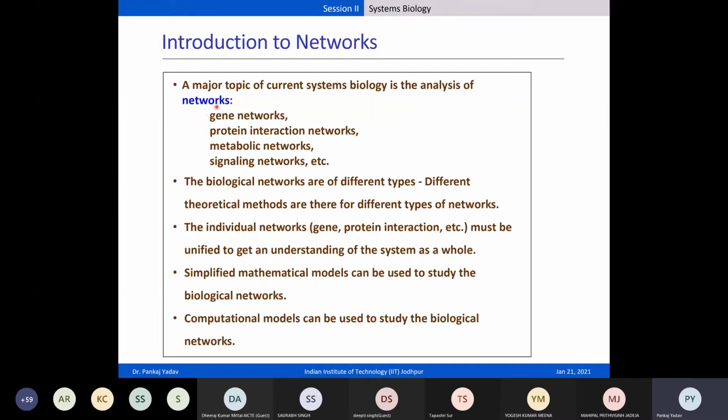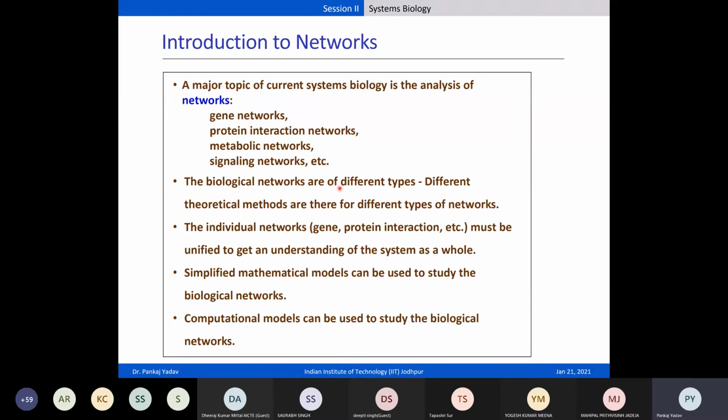These nodes can be genes, which make up gene networks. If we have nodes as proteins, we can have protein interaction networks. Then we can also have metabolites as our nodes, which will give us metabolic networks. Similarly, signaling pathways can also be represented in the form of signaling networks.